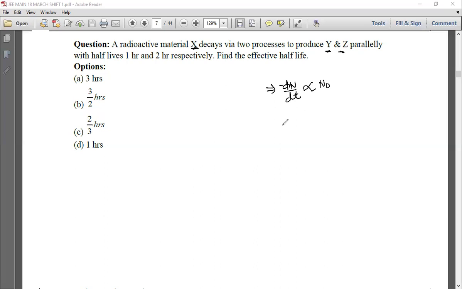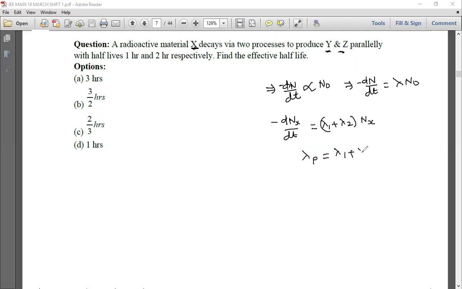Okay, तो क्या मैं ऐसे लिख सकता हूँ माइनस, तो पहले मैं इसको कंप्लीट करता हूँ. Minus dN by dt is equal to lambda N है ना. This is our formula. But now here in this case minus dNx by dt जो डिकम्पोज हो रहा है should be equal to lambda 1 plus lambda 2 into Nx. Yes, and if it is parallel, so आपको पता है lambda should be equal to what?